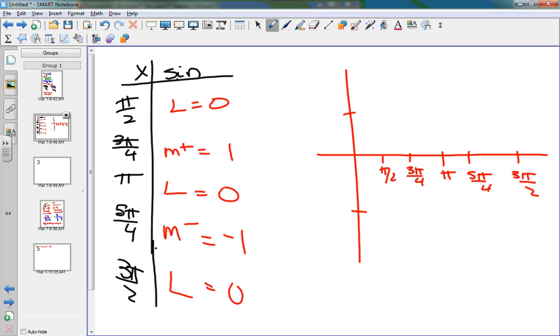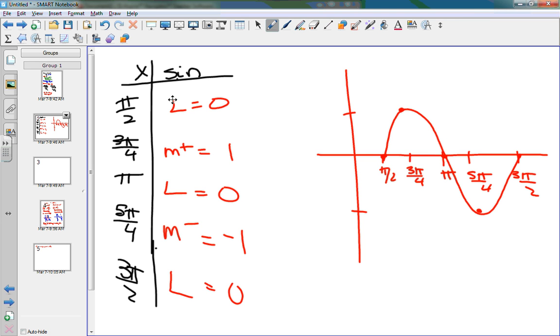At pi over 2, we know it to be 0. Then we have a max, 0, a min, 0. Here is my lovely little sine graph. Do we see that, yes or no? That's my sine graph. Now, we're not graphing sine, are we? We're graphing cosecant.